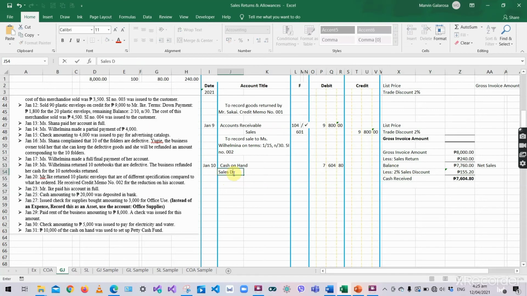Debit sales discount, 155 and 20 centavos. Credit yung accounts receivable. Magkano yung remaining balance? 7,760.